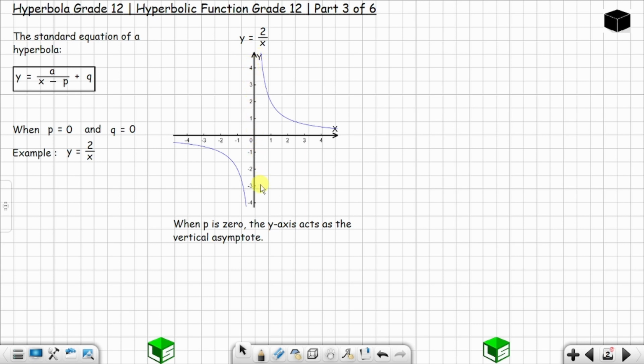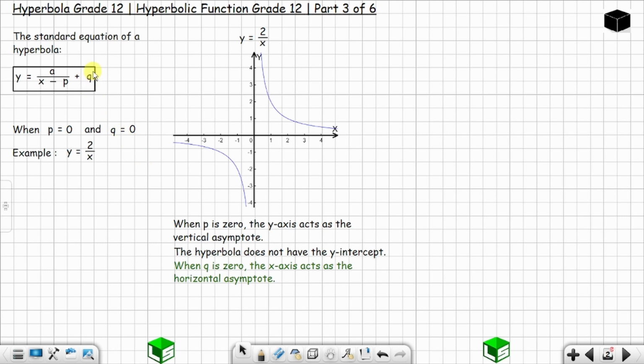What you have to notice here is that when p is 0, the y-axis is now your vertical asymptote, and the hyperbola does not have the y-intercept. Can you see that? Because if the y-axis is acting as the vertical asymptote, obviously the hyperbola does not have the y-intercept.